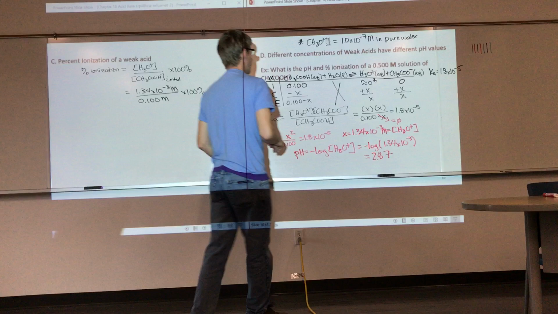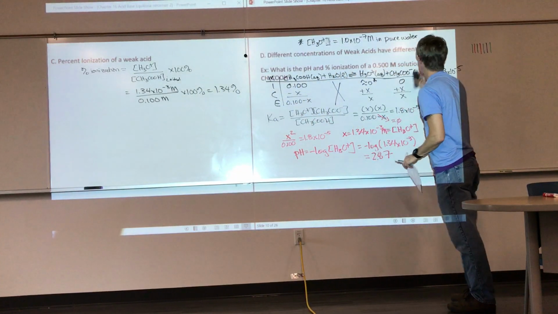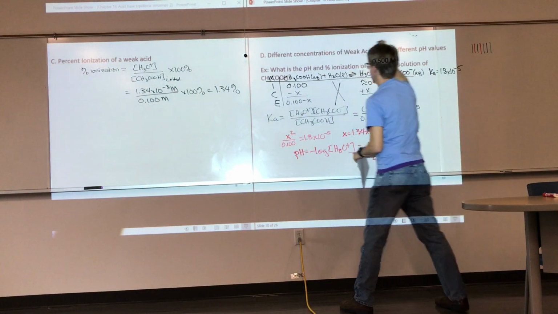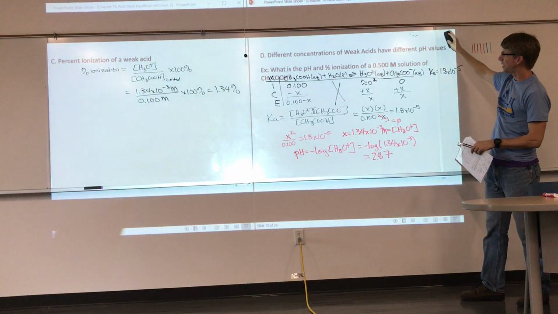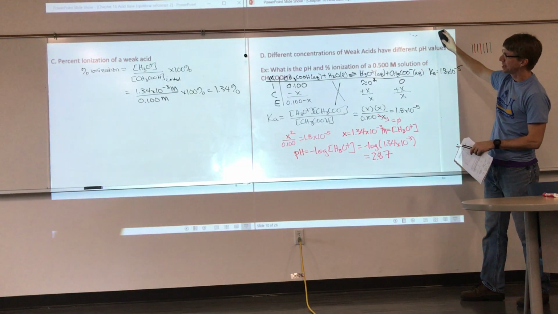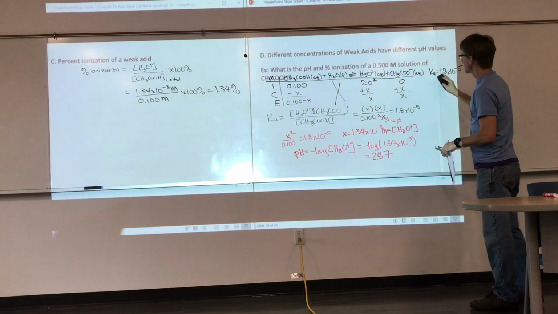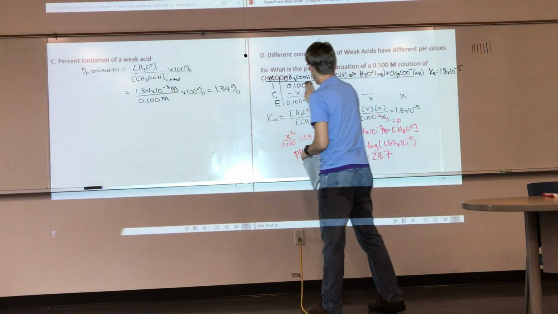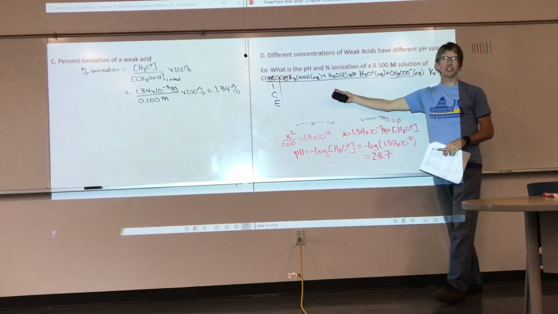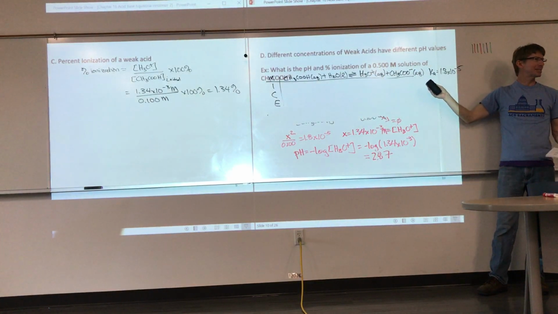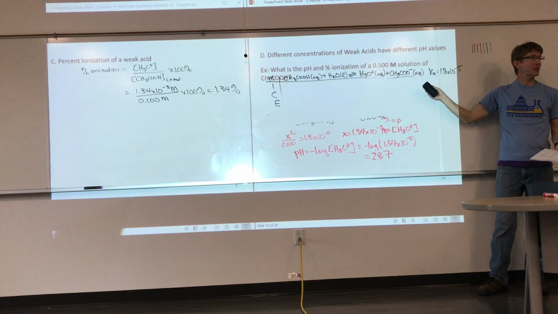Different concentrations of weak acids have different pH values. What is the pH and percent ionization of a 0.500 molar solution of acetic acid? While I erase, would you make this ICE table? It's the same ICE table with a different concentration.